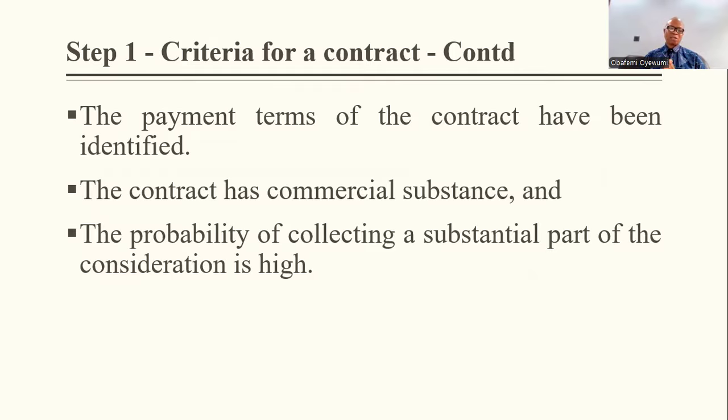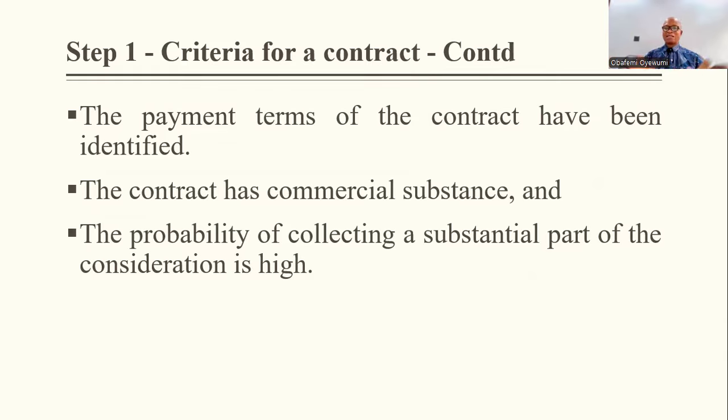Then the last one is that the probability of collecting a substantial part of the consideration is high. What's consideration here? The amount that you're going to exchange for the goods or service that you're going to get. So there must be a probability that you are going to collect a substantial part of the consideration.